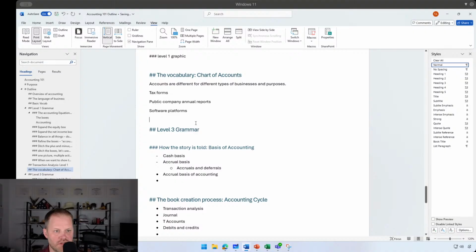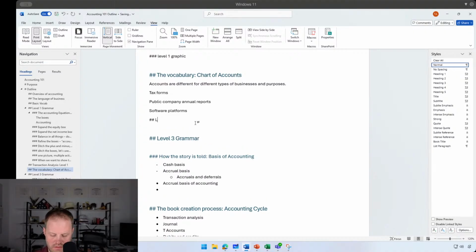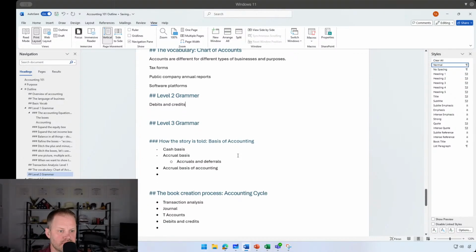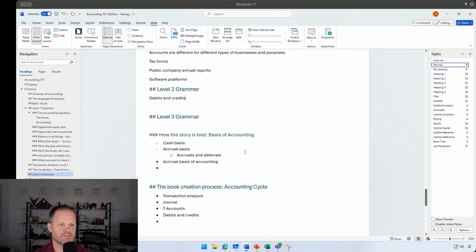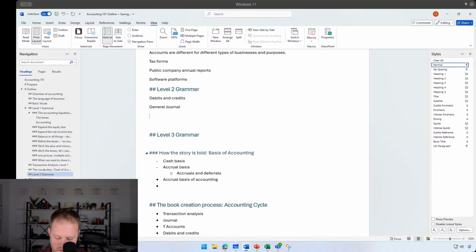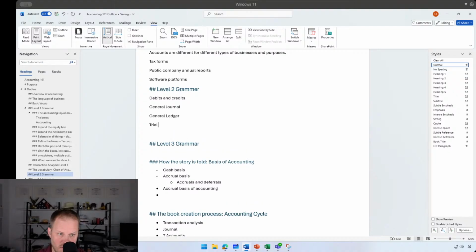Level 2 grammar is going to be the introduction of debits and credits, general journal, general ledger, trial balance.